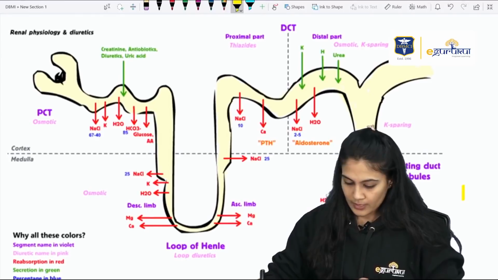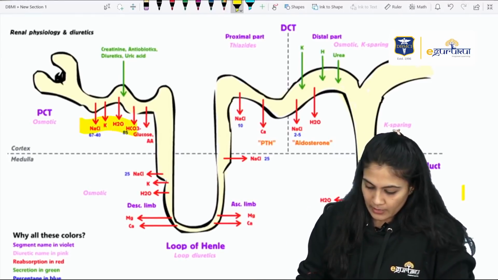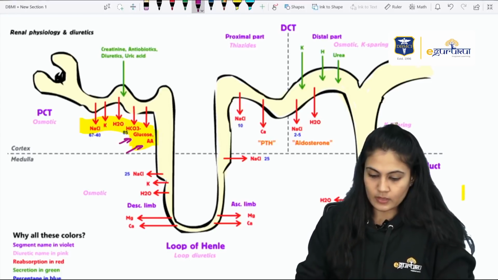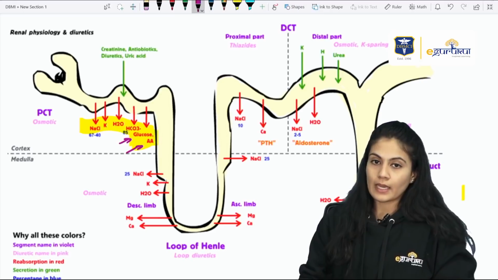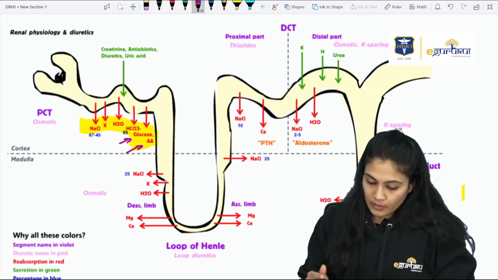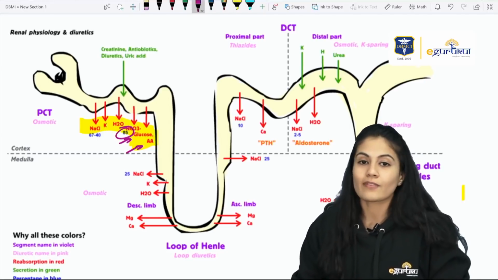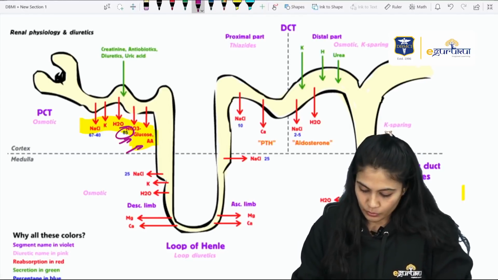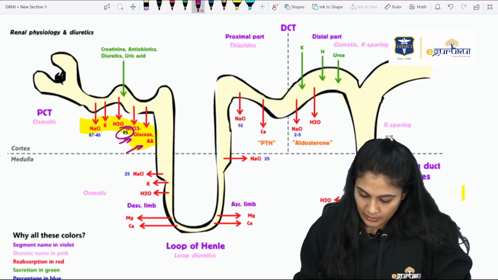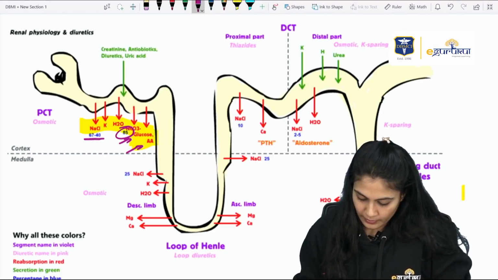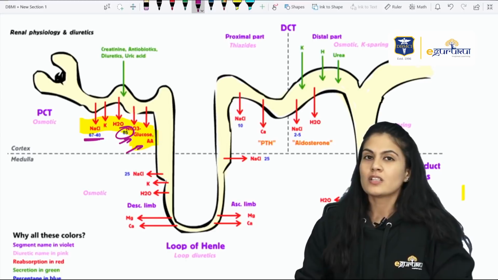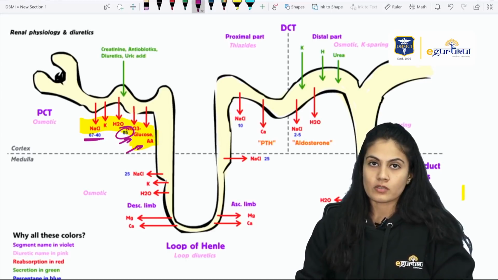Over here you can see that PCT absorbs many things. Important ones are glucose and amino acid. Then bicarb is absorbed almost 85 to 90%, and sodium and chloride almost 60 to 65%.